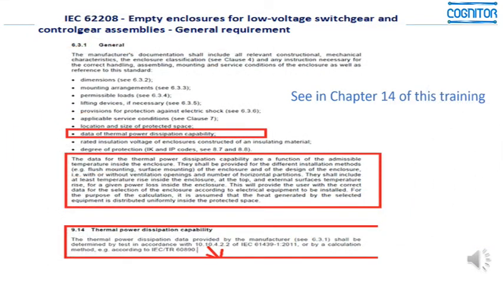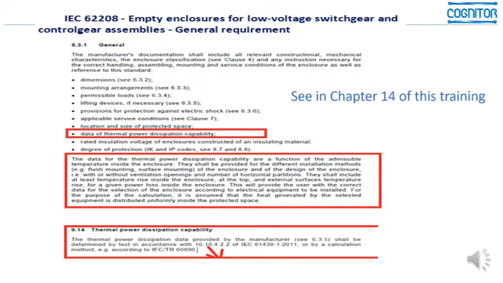Document IEC 62208, we have more information about how to specify empty enclosures for low voltage switchgear and controlgear assemblies. These are the enclosures without the components fitted.